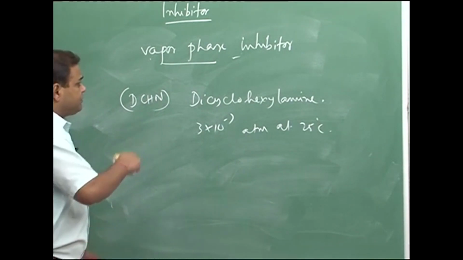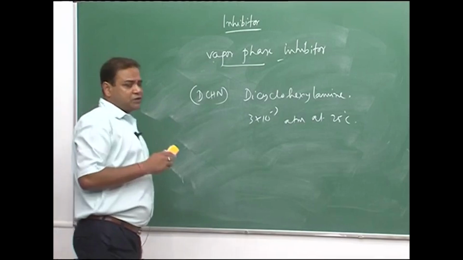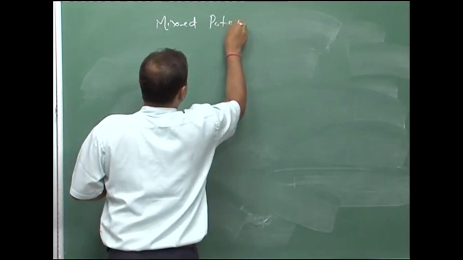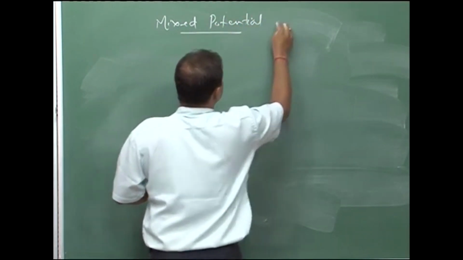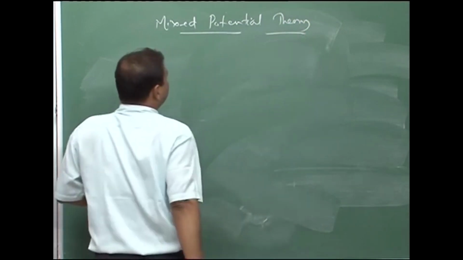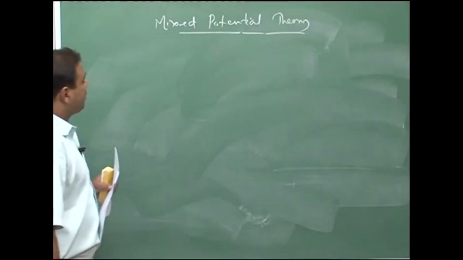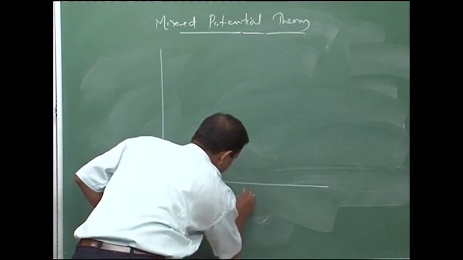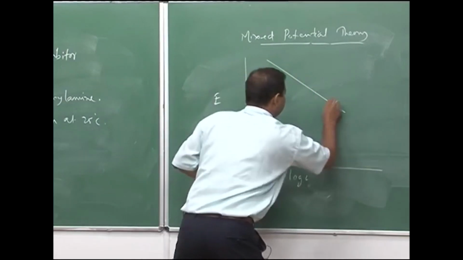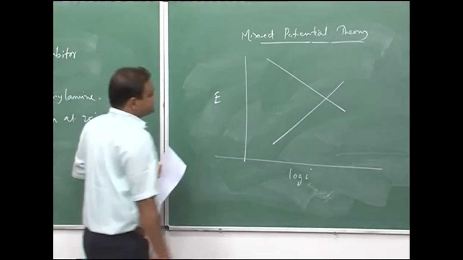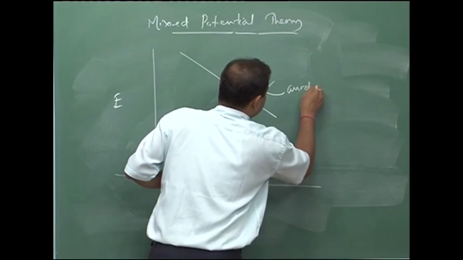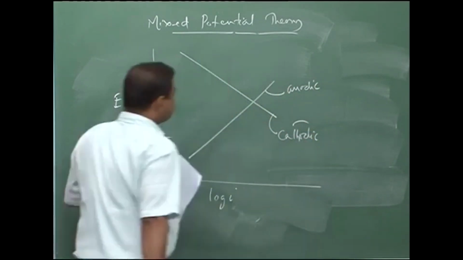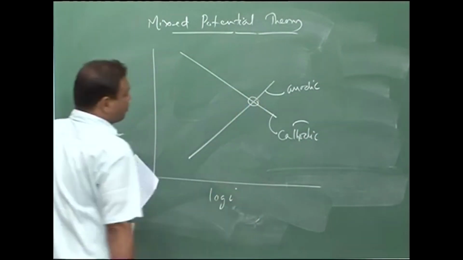Now, let us see the mechanism by which the inhibitor works, from the mixed potential concept, looking at the mixed potential theory on the inhibition effect. For example, if we have this log I versus E plot, these are my two reactions. This is my anodic polarization, this is cathodic polarization, and this is the corrosion rate.